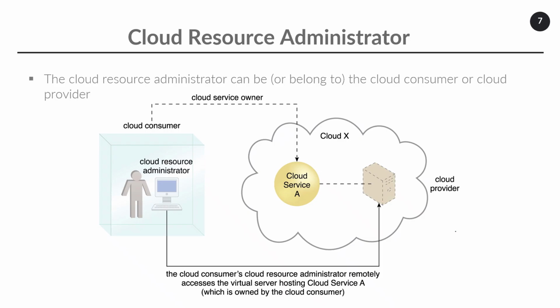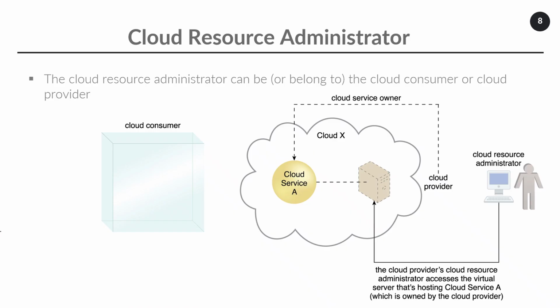So here we have an illustration showing a cloud resource admin that belongs to the cloud consumer or is the cloud consumer. It is also the cloud service owner in this example. It owns cloud service A that resides within a third-party cloud, which is cloud X, right?